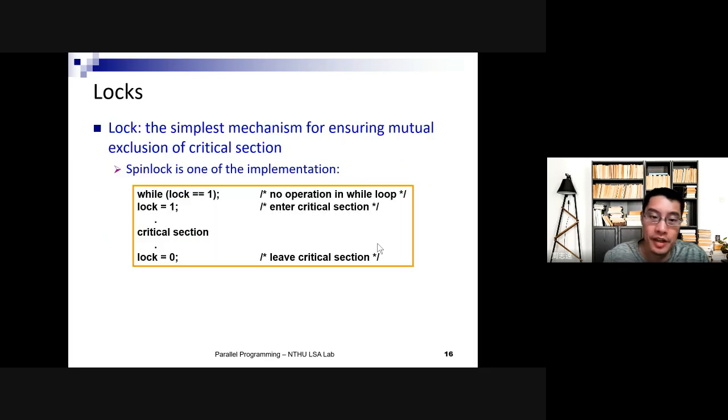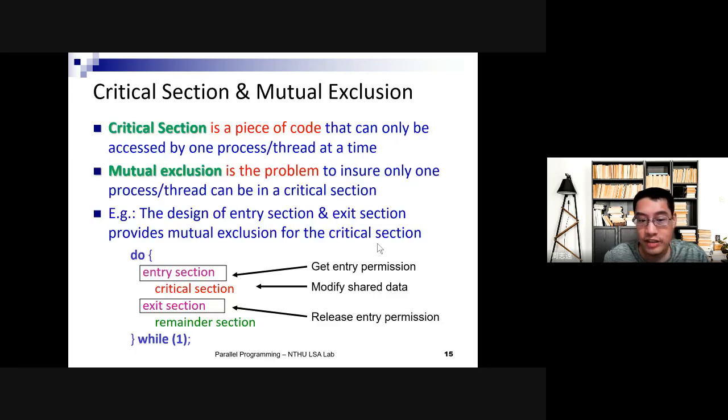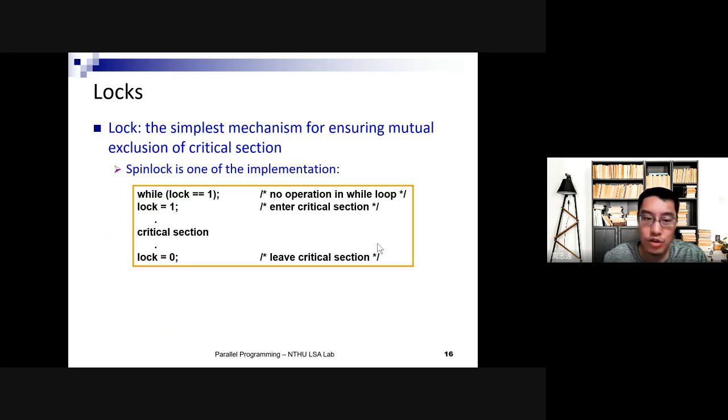Okay? And of course, there are many ways to write the entry section and the exit section to enforce mutual exclusion. And the easiest way is to use a lock, right?